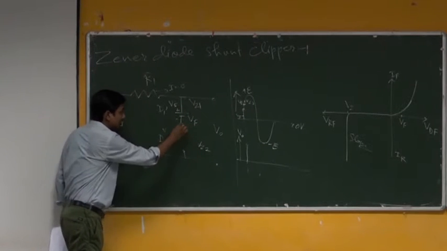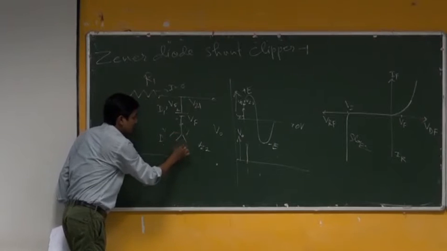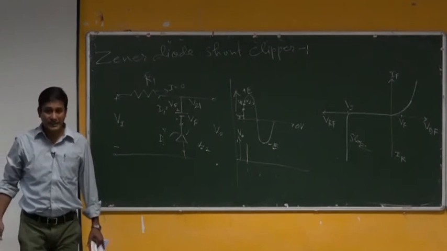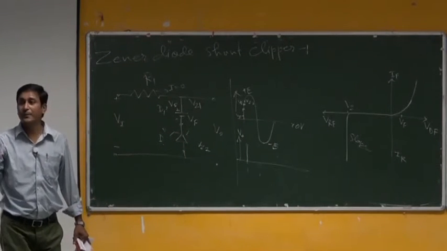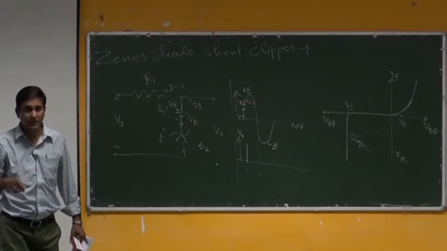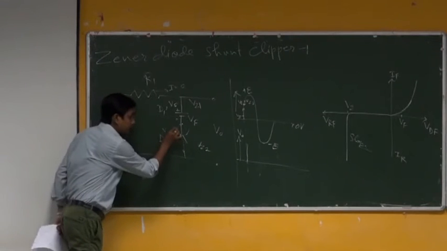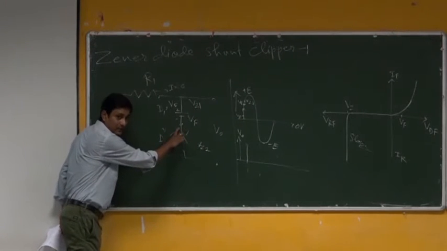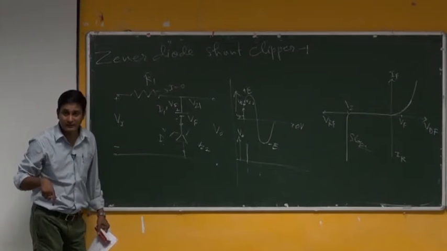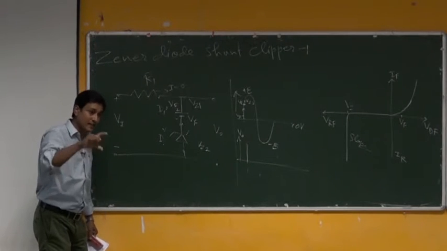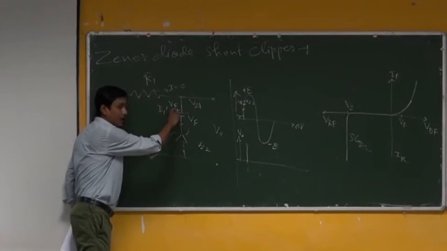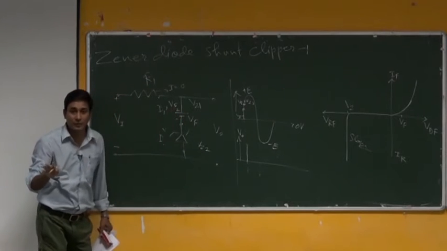In that case, this reverse biased diode will get a potential which will cause breakdown. But please don't miss this point here. The potential which I am applying here, I am calling reverse bias. The same potential with the same polarity, of different value, I am putting here, and that I am calling forward bias.